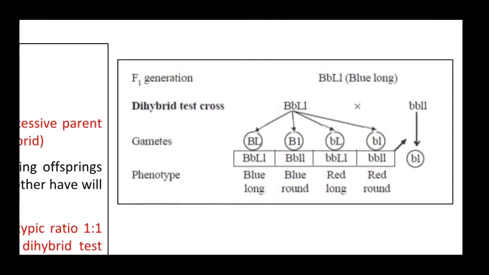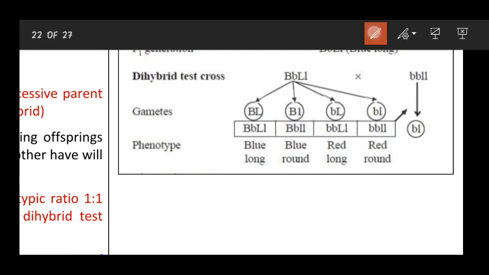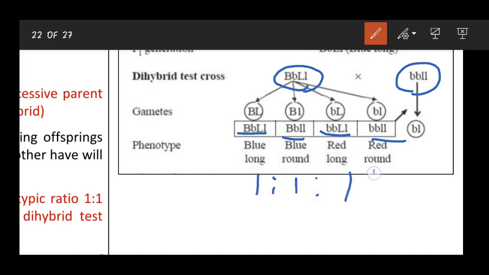This was an F1 heterozygote, which is crossed with the recessive parent. You get the 4 gametes and also the gamete from this, and you get the different offspring. 4 different offspring are written here, and you can see the ratio is 1:1:1:1. Every phenotype and every genotype is different.